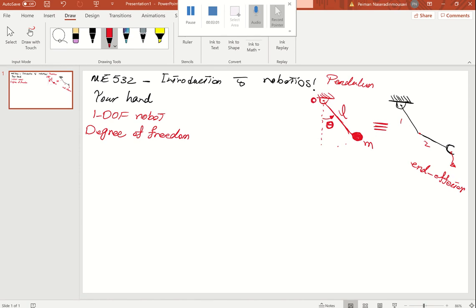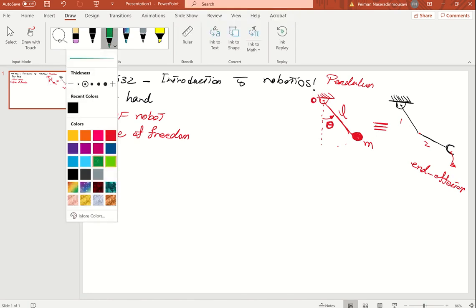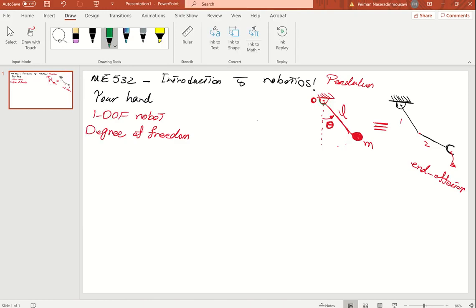And when you're trying to do that, you are applying a torque to your shoulder joint. You know, the torque dimension is Newton meter. So this is the simplest robot that you have ever seen in your life.